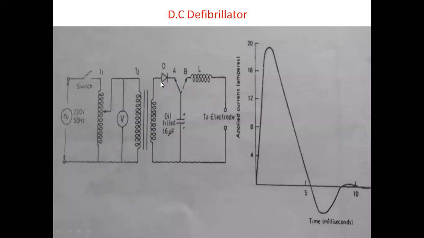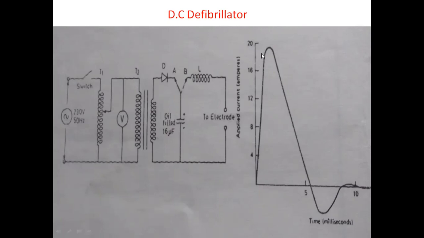That DC voltage is applied to an oil-filled capacitor with a capacitance of 16 microfarads. When the switch is connected to point A, the capacitor will be charged fully.